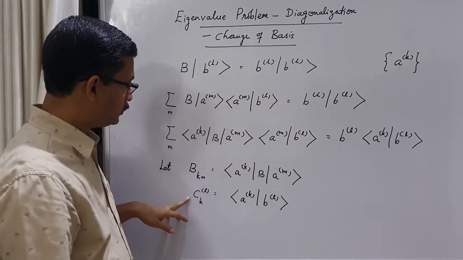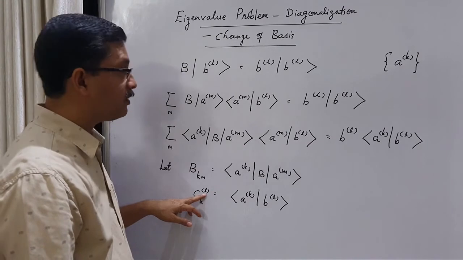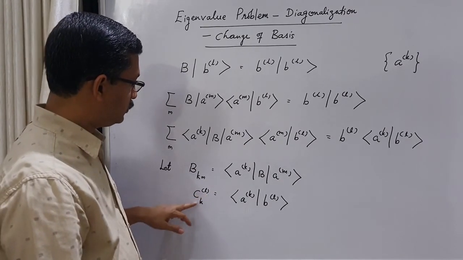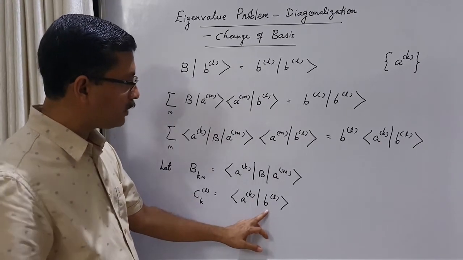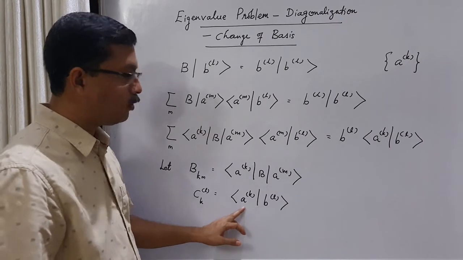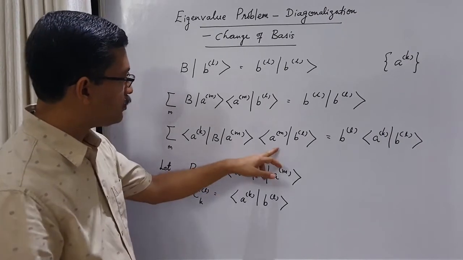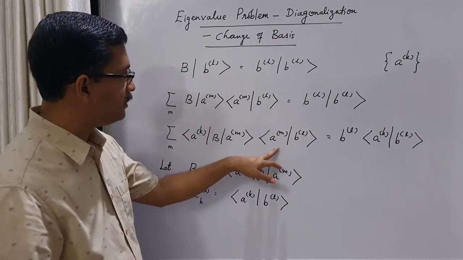Okay, so I am writing this in a particular way. L I have written as a superscript. So C_K^L is <AK|B^L>. What are these? These are the components of the eigenkets of B in the old basis AK. And here also, according to this notation, this must be C_M^L.